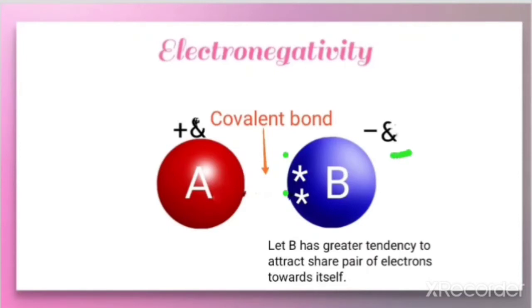And because the electron density is lesser on A compared to B, therefore partial positive charge. So because of this reason, the covalent bond is now called a polar covalent bond, because of the two poles which are developed here, that is A partial positive, B partial negative.